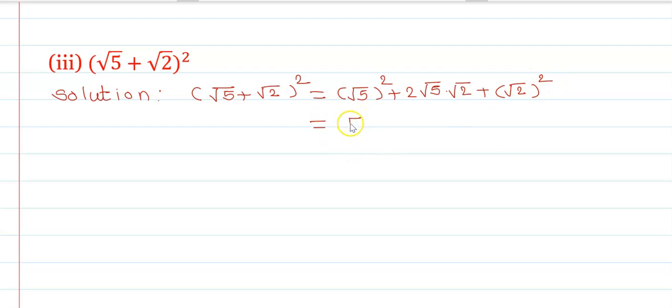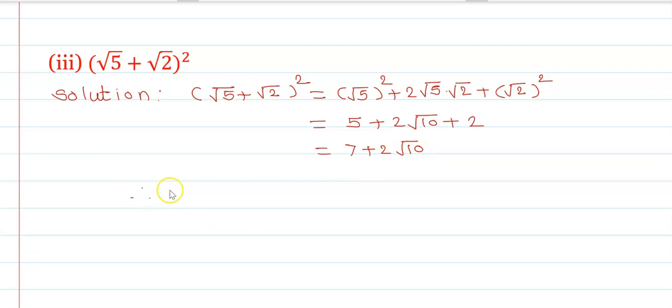Root 5 square means what? 5, plus 2 root 5 into root 2 is root 10, and root 2 square means we are getting 2. What is next? 5 plus 2 is 7, plus 2 root 10.